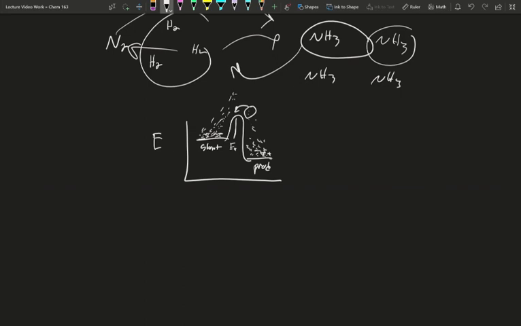Depending on the difference of your delta H, the return may be far more difficult than the forward reaction. Or, if it's endothermic, the return might be easier than the forward reaction. Depending on what your delta H is, this will adjust how readily your forward and reverse reaction can occur. The rates will be different.